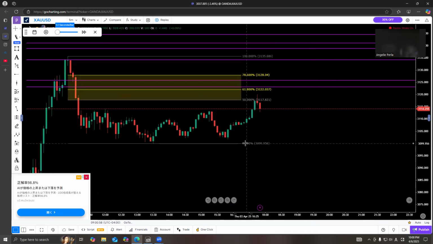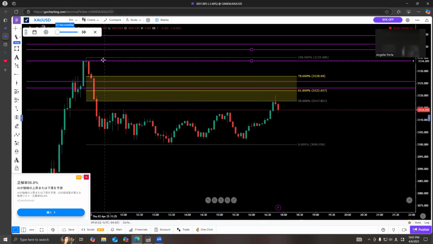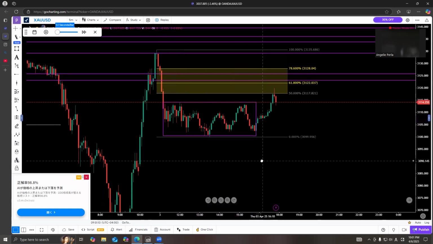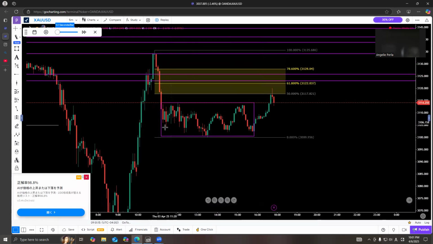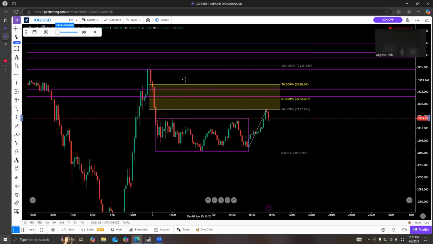All right, so in this structure, in the 5 minute time frame, we are clearly seeing a consolidation phase in this area, and then this is our accumulation phase, and then we manipulate in this area, targeting the equilibrium of this structure, this high to this low.